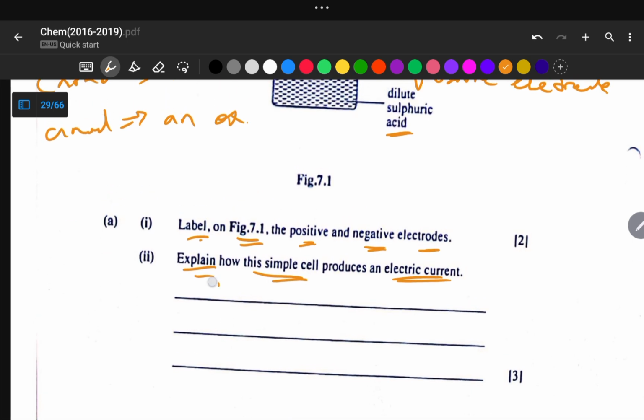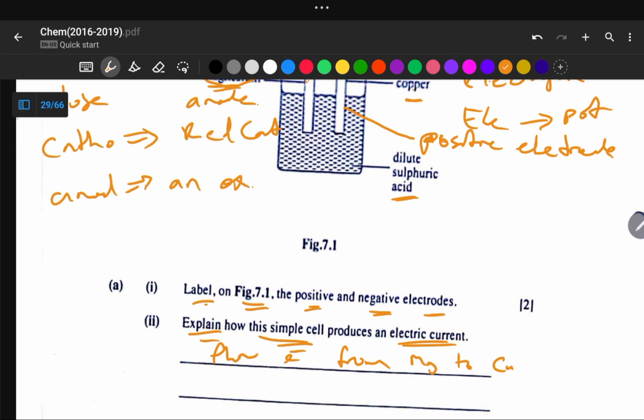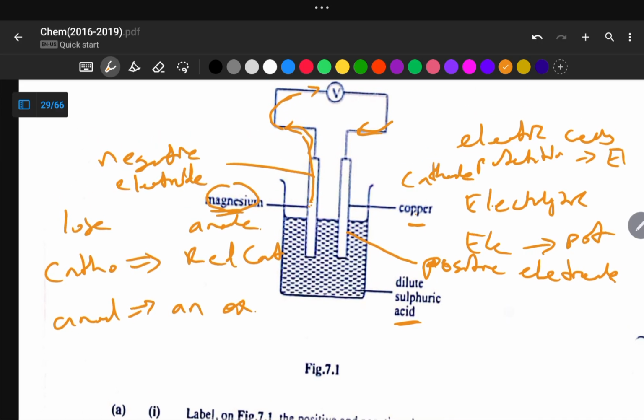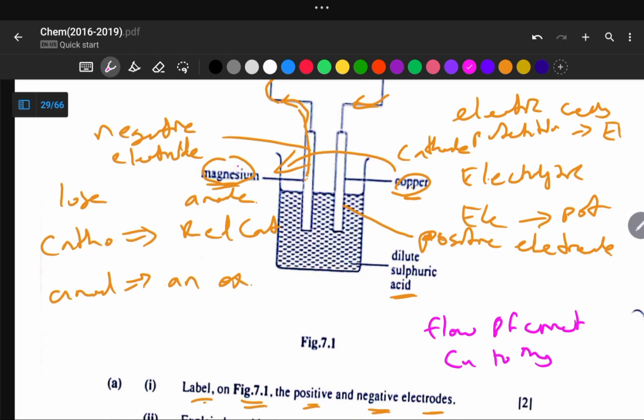So we are having the flow of electrons from magnesium to copper, right? The flow of electrons will induce electric current. So the flow of current is from copper to magnesium, and the flow of electrons is from magnesium to copper, right?